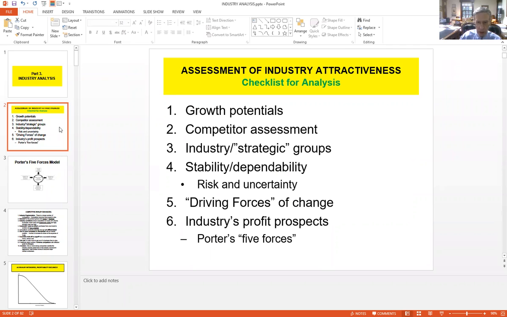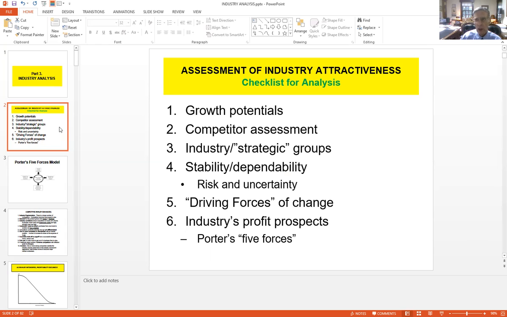Well, of course, we'd like to know what the growth potential of the industry is, and we'd like to know how many competitors there are, whether they're all about the same size or the industry's fragmented. Perhaps it's concentrated in just a couple or more evenly dispersed.